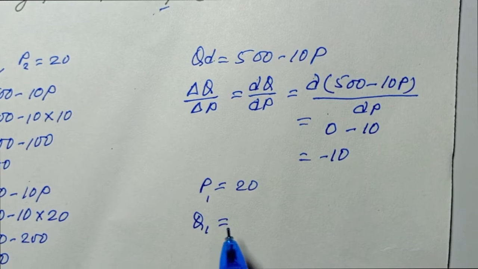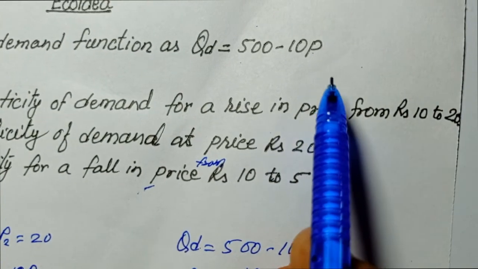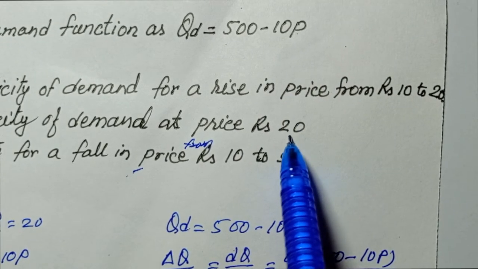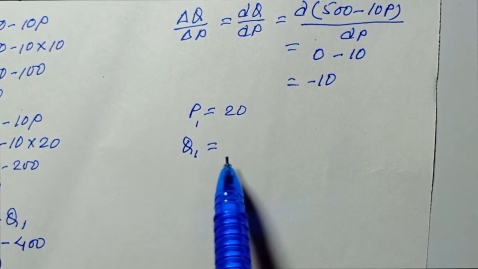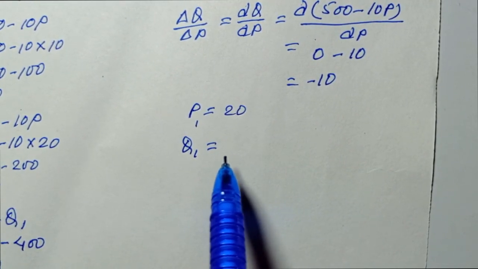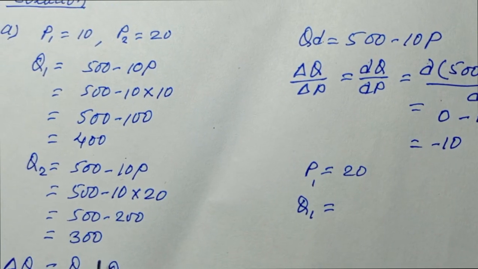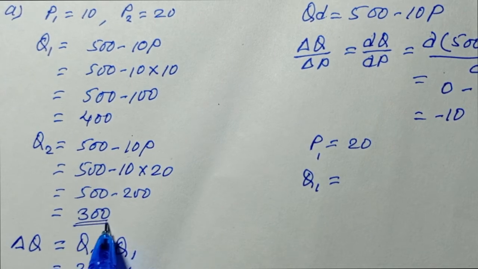To find out q1, you should substitute p by the price 20, and then you will be able to find out the q, which we have already calculated, equal to 300.